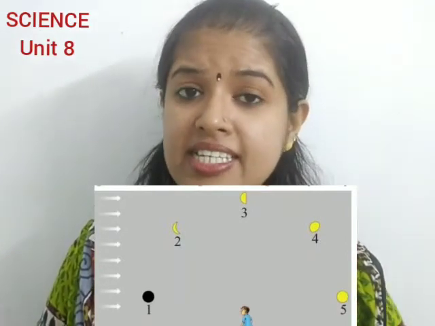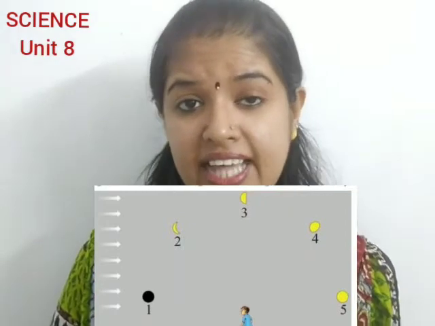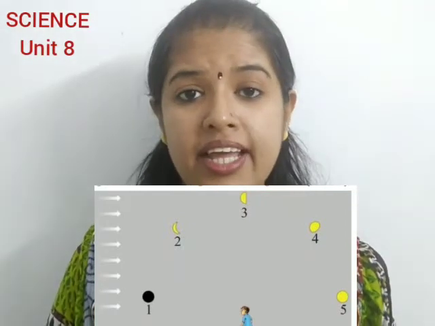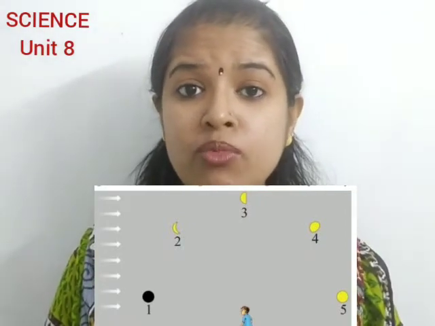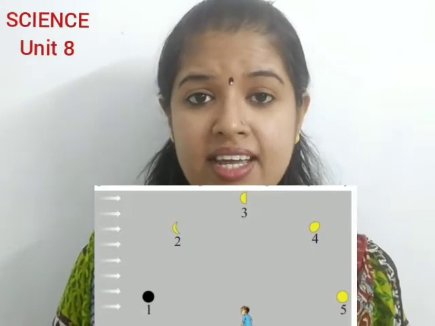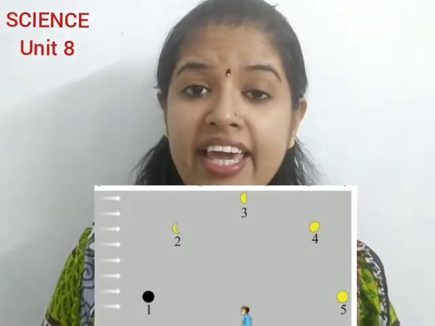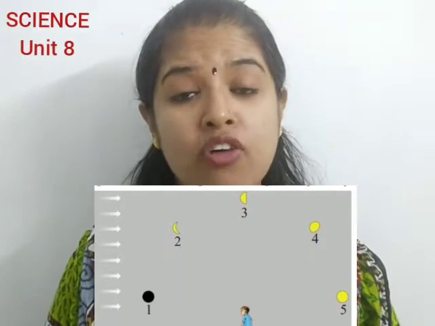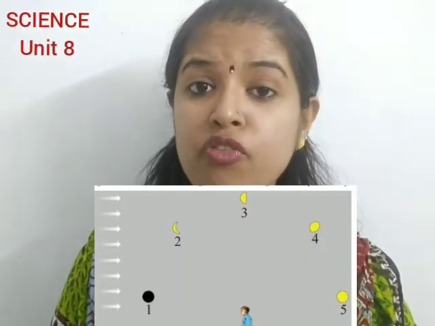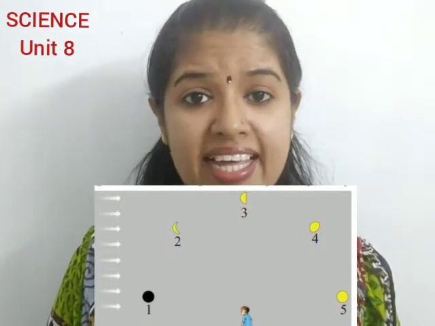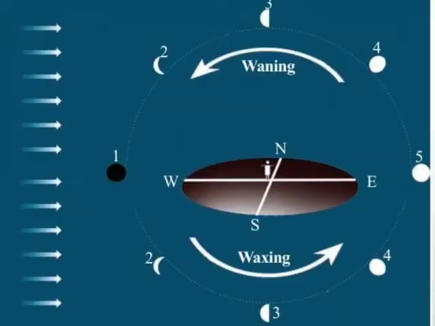So children, in this activity, we are learning that from the new moon day, the size of the moon increases, and at last in the full moon we can see a complete circle of the moon. So that is what we are able to detect in this activity. Now I told you, instead of semicircle, you make a big circle and arrange it in the order as shown in the figure.